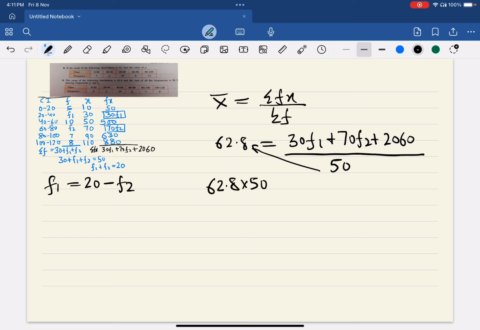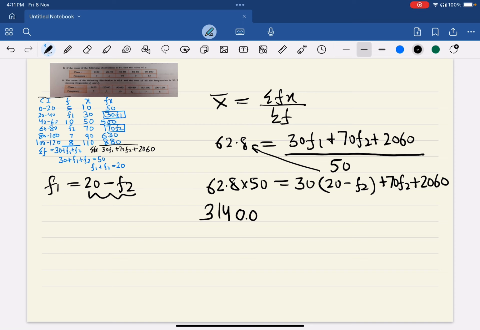So we have 62.8 times 50, which is equal to 30 F1. Now F1 is what? 20 minus F2. So write that 20 minus F2 plus 70 F2 plus 2060. Now we will have 0, 5 8s are 40, 2s are 10, 14, 6 are 30, 31. So 3140.0. This point 0 I can remove. And here, 30 times 20 is 600 minus 30 F2 plus 70 F2 plus 2060.